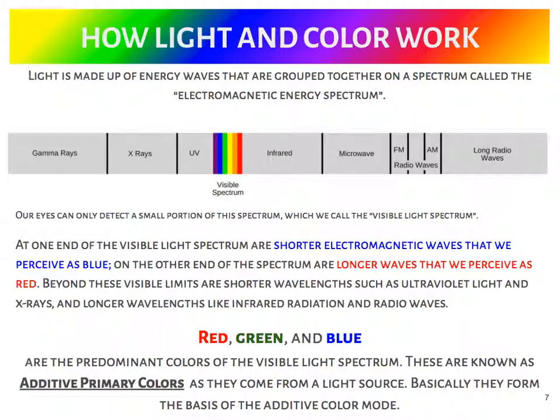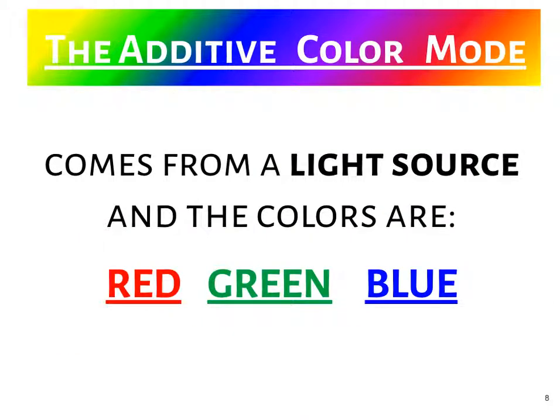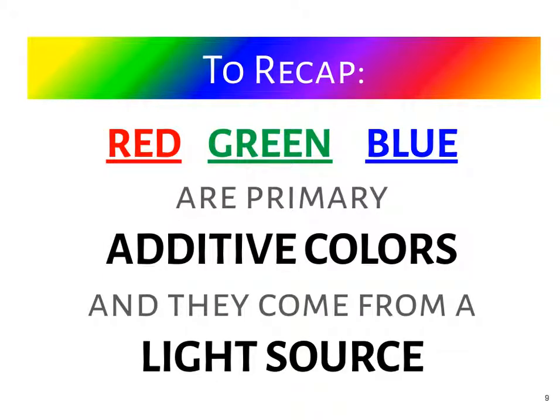So the additive color mode comes from a light source, and the colors are red, green, and blue. To recap, red, green, and blue are the primary additive colors, and they come from a light source.